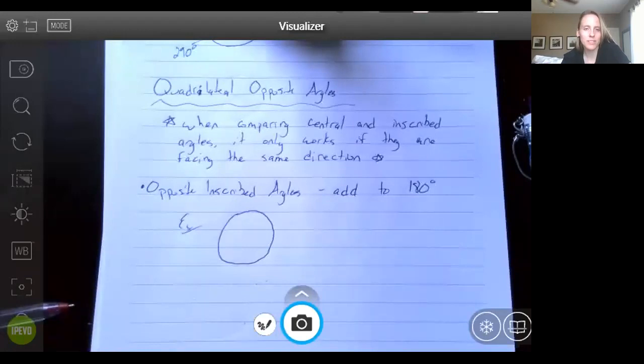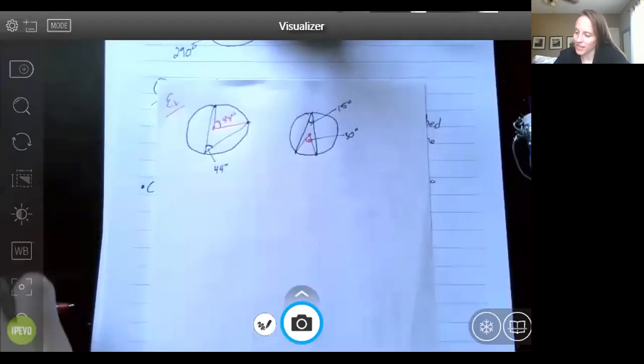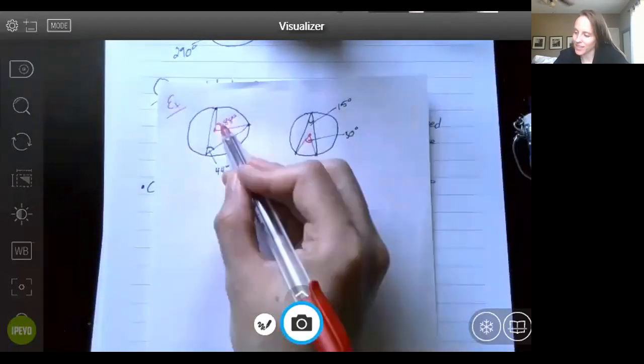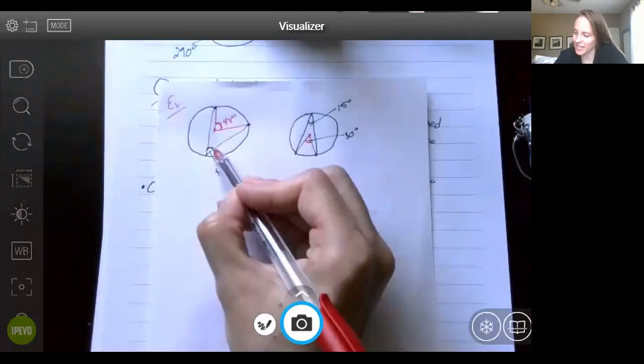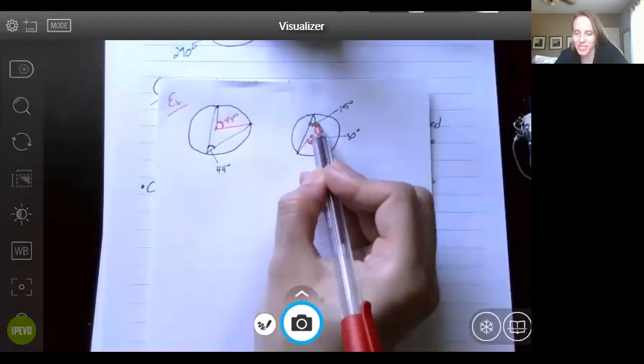It only works if they share endpoints and they're facing the same direction. So for example, all the ones that we've already looked at, the central angle and the inscribed angle are facing the same way as each other. They both bump out in the same direction.